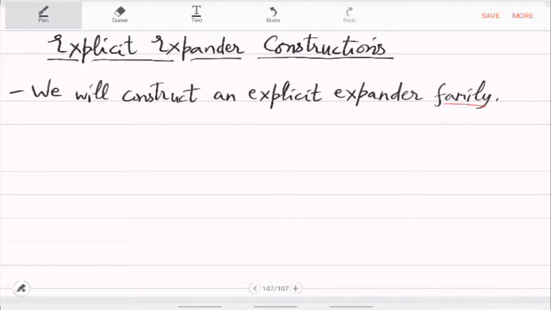So somebody gives you a parameter, let's say the size of the graph, and then you have to construct an expander bigger than that. So it's an infinite family construction. And there are three main algorithmic operations which will be used. So the idea is to use three kinds of graph products.